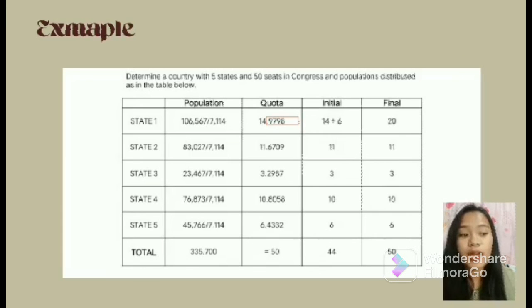Since State 1 has the biggest decimal part, State 1 received another 6 seats, so a total of 20. So, these are the finals. State 1 has 20, State 2 has 11, State 3 has 3, State 4 has 10, and State 5 has 6, with a total of 50 seats.